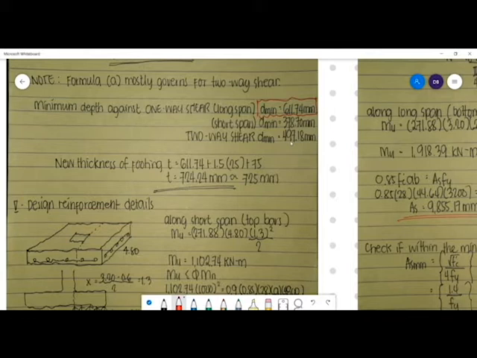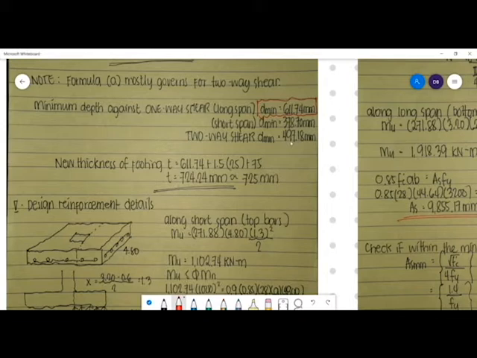You notice that I decided to check the minimum depth against moment, because like I said before, shear will mostly govern when considering the depth of our footing.